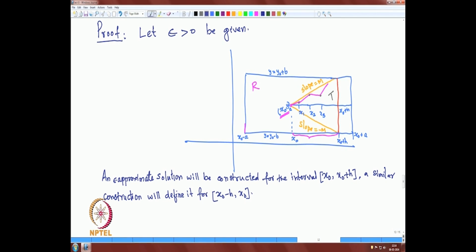We will prove the epsilon-approximate solution on the interval x0 to x0 plus h.